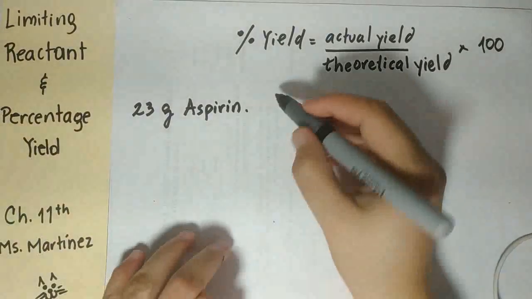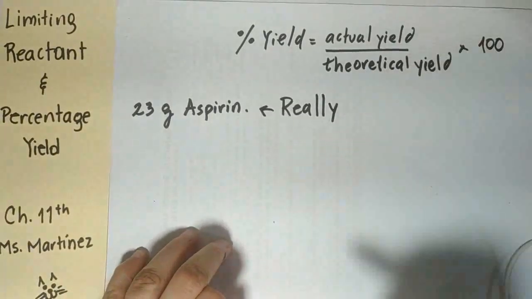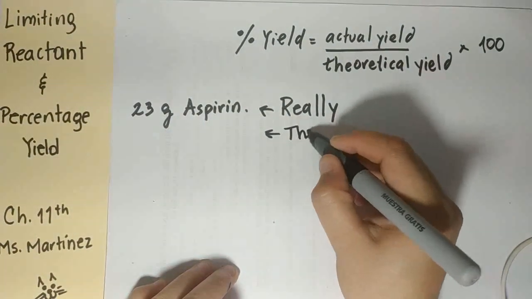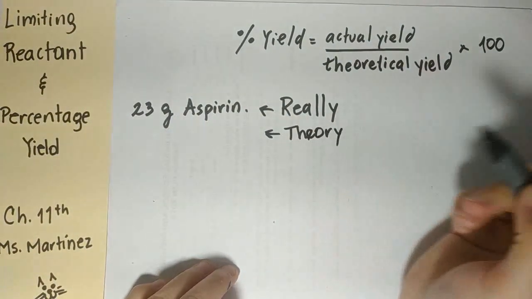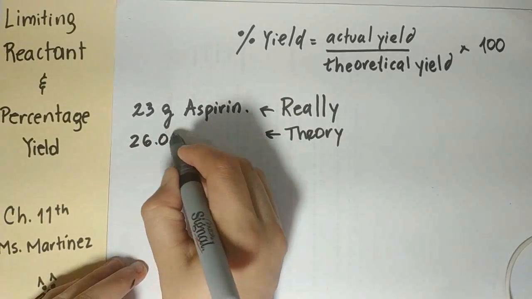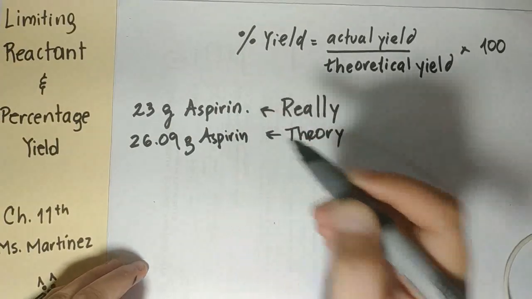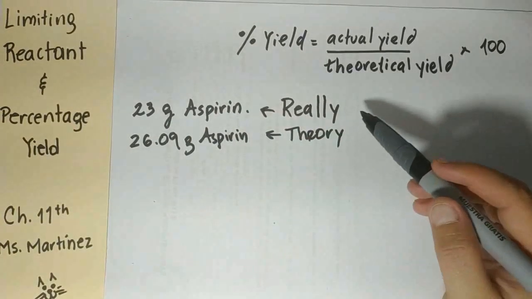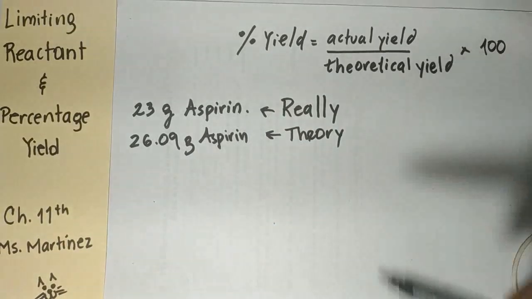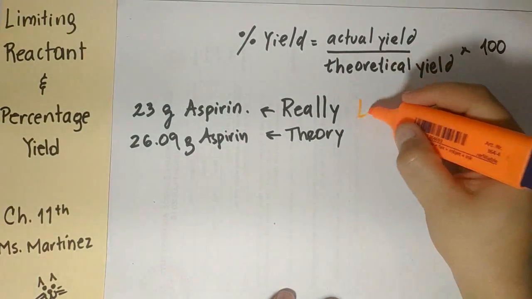This is what we really got. Now, in theory, what we got on paper, the theory told us that we should be able to get 26.09 grams of aspirin. So what you have in reality is what we know as the actual yield. The reality is what we obtain in the lab.